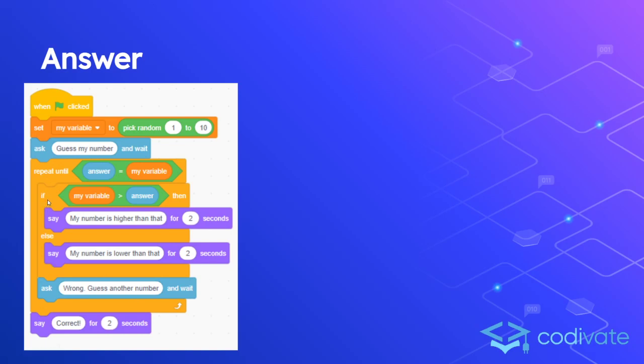That's the only difference. So you just check whether they were higher or lower and tell them accordingly. So if their number was higher than the secret number, or no, sorry, if the secret number was higher than their number, then say it's higher. Otherwise, it had to have been lower because we know it's not equal. So you say lower. It's that simple. Just add an extra if statement there.